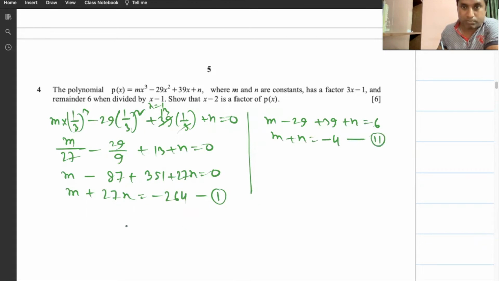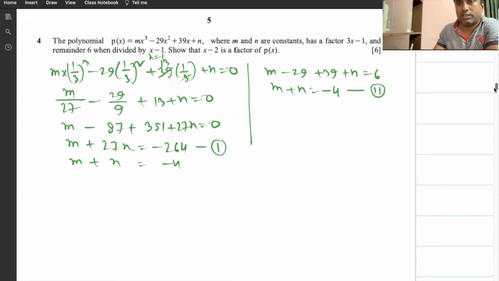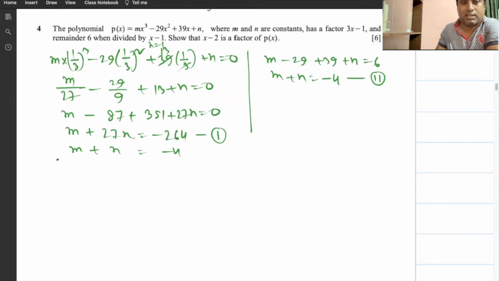Now let me solve equations 1 and 2 by the elimination method. So m plus n equals minus 4, and if we subtract, the m's cancel, this is 26n and minus 260.